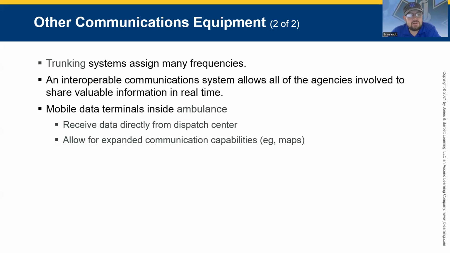Trunking systems assign more frequencies. An interoperable communication system allows all of the agencies involved to share valuable information in real time. Mobile data terminal inside the ambulance receives data directly from the dispatch center.